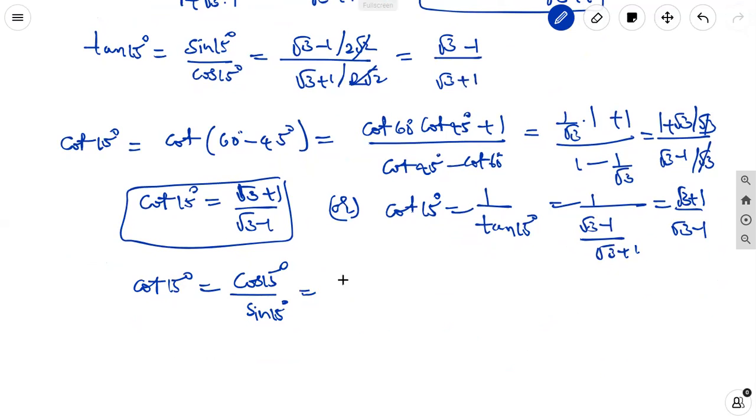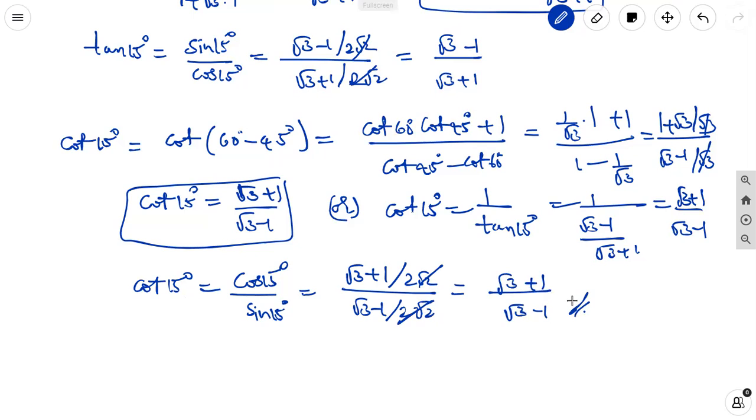Whatever way you get the idea, you can follow the same approach, either applying the formula or using the tan cot relation or the cos and sine relation. Whatever the method, you get the same value: root 3 minus 1 by 2 root 2, the 2 root 2 gets cancelled, root 3 plus 1 by root 3 minus 1. Okay.